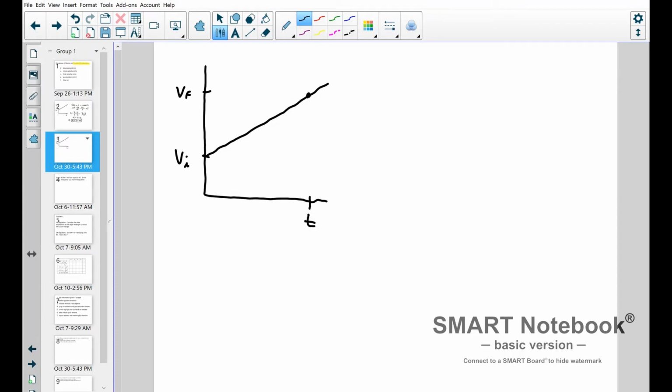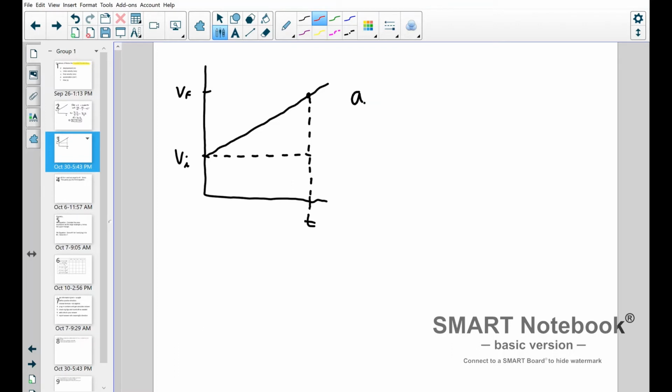Now I'm going to do the same process with the other key feature of a graph, that being the area underneath. So it helps to think about this, because it's an odd shape, as being divided into a rectangle on the bottom there, and then a triangle sitting above it.